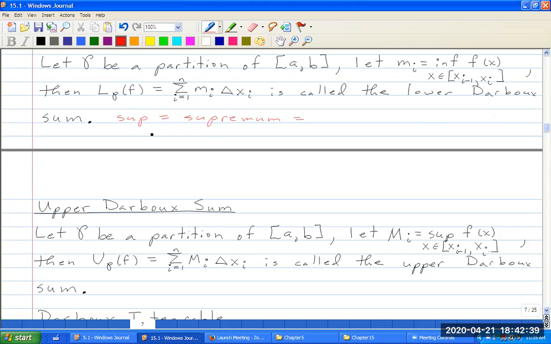It's the biggest number. Supremum is the maximum. It's the least upper bound. So if you just think of it being the maximum, it's more or less the maximum.